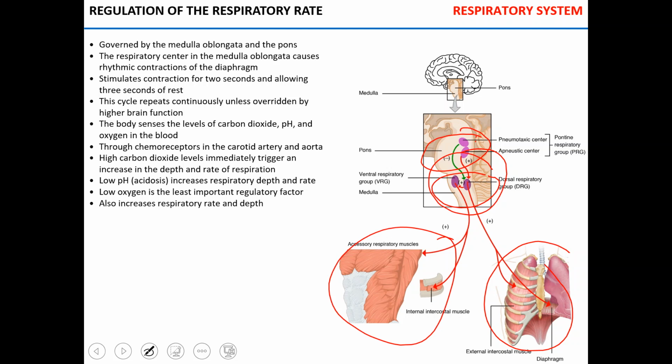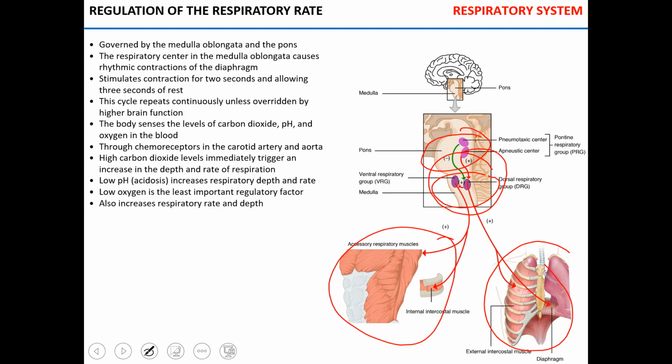So what is the most important factor that increases respiratory rate and depth? Most important factor is elevated levels of carbon dioxide in the blood. These elevated levels of carbon dioxide in the blood will stimulate more frequent and deeper breathing, and you will be able to exhale all that excessive carbon dioxide.